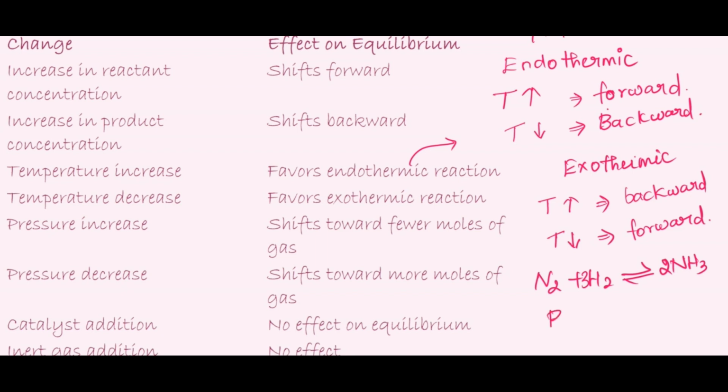So in this case, I am increasing the pressure. You can apply that to different cases as well. So in this case, I am applying pressure. Applying pressure means molecules can't breathe. So what will that do? It will go in the direction where they can have less population.